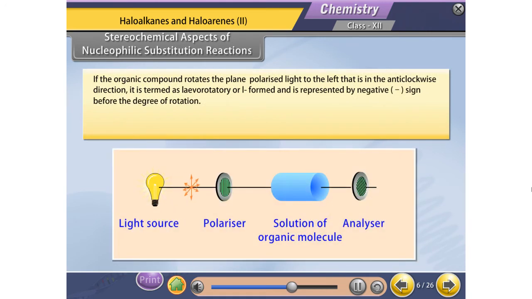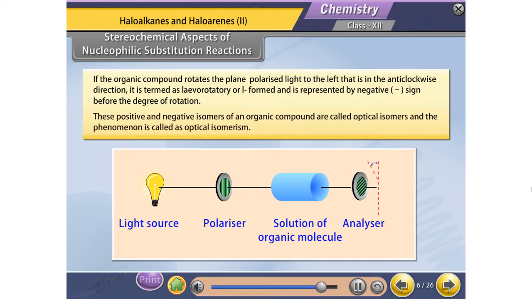If it rotates the plane polarized light to the left, that is, in the anti-clockwise direction, it is termed levorotatory or l-form and is represented by a negative sign. These positive and negative isomers of an organic compound are called optical isomers, and the phenomenon is called optical isomerism.